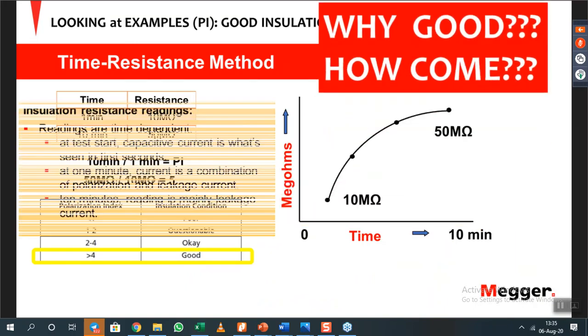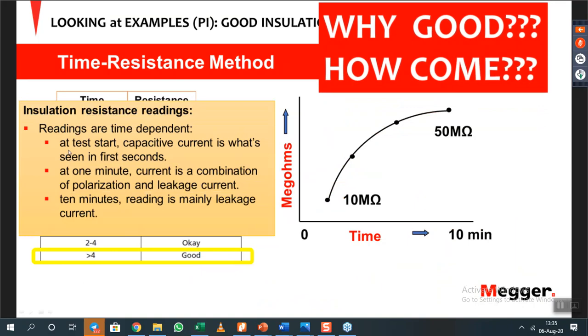Okay, so why good and how come? The answer is because at the start of the test, I have capacitive current, which I seen in the first second. And at 1 minute, current is a combination of polarization and leakage current. And after 10 minutes, reading is mainly leakage current. So at first, 1 minute, I got more current.